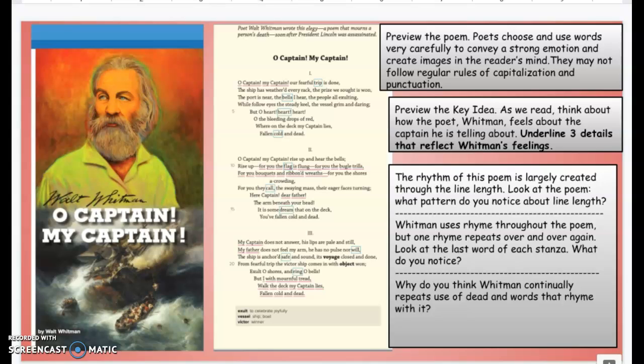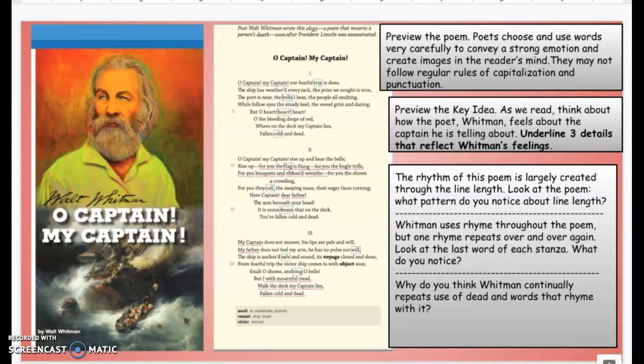Now again, as we read this, you're going to notice that the writer, Walt Whitman, did not follow regular rules of capitalization and punctuation. So as we're reading through that, just go ahead and pay attention to that. And then again, we know that we're going to be talking about stanzas or sections in the poem.